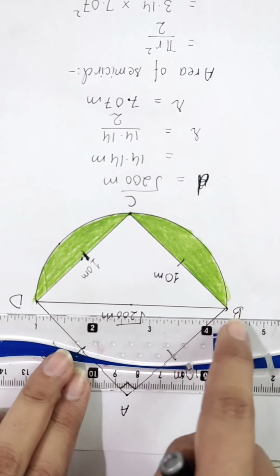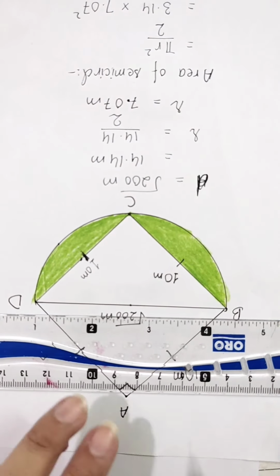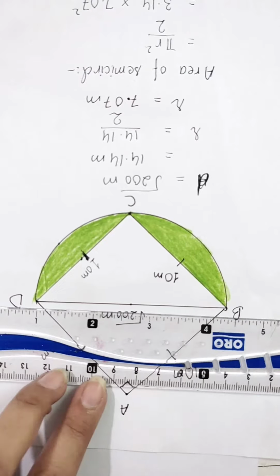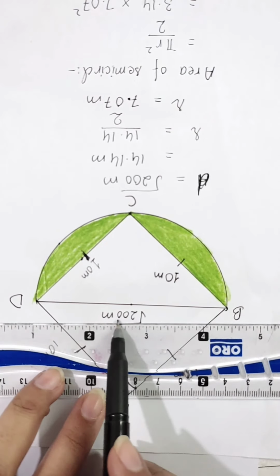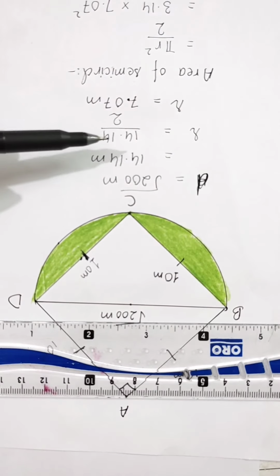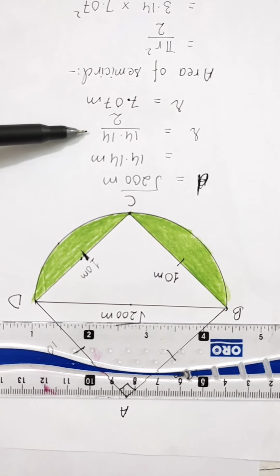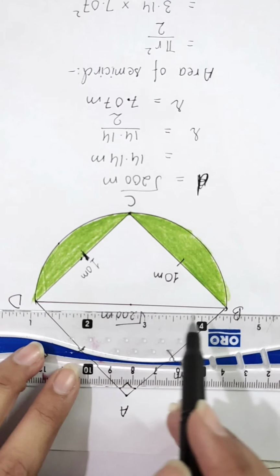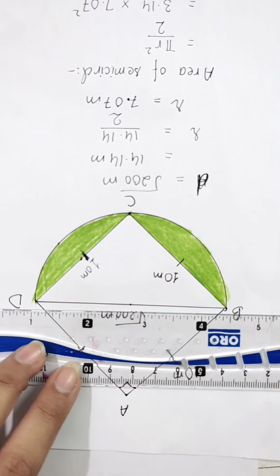This is the diameter. The diameter of the semicircle is also the base of the triangle, and the diameter is root 200 meter, which we have already found to be 14.14. So the diameter is 14.14 and the base of the triangle is also 14.14.